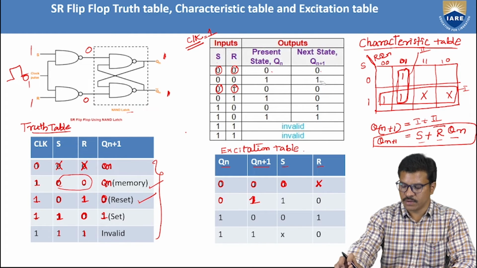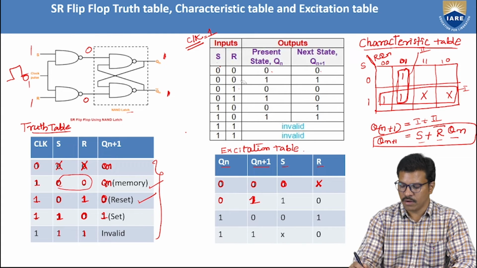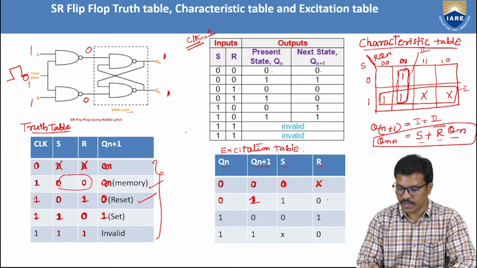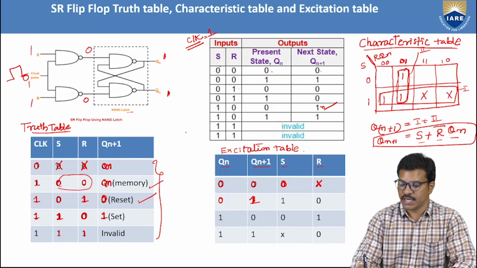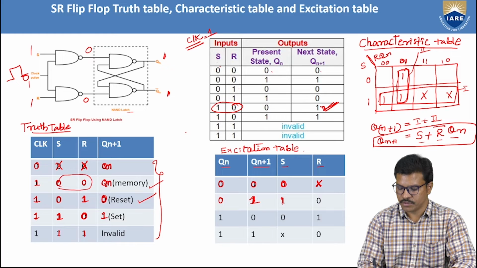If you see this characteristic table, present state 0, next state 1, which case is 0, 1? This is the only case, present state 0, next state 1. So this is the case, and its corresponding combination is 1, 0. So we can take 1 and 0.